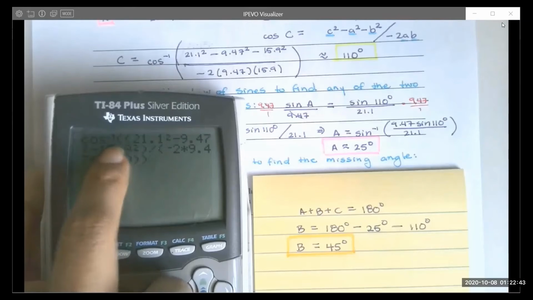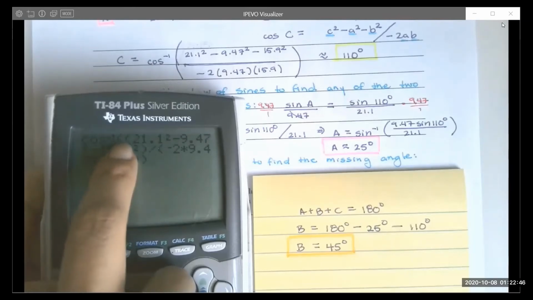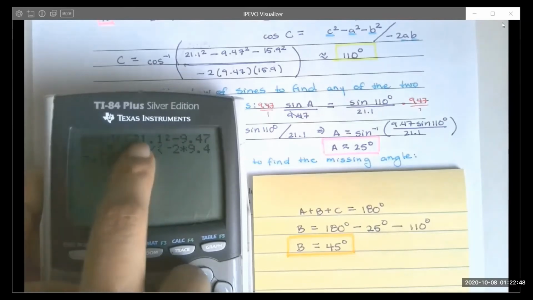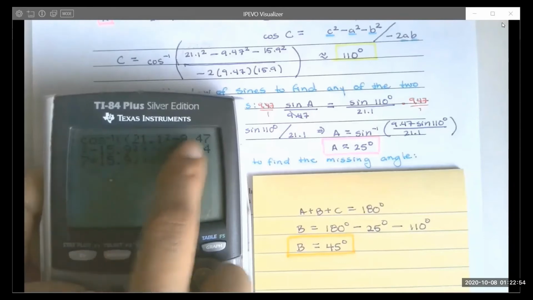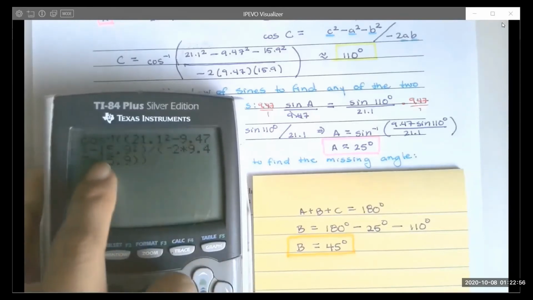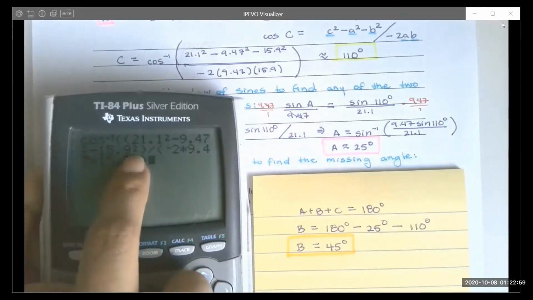So just make sure that you have cosine inverse open parenthesis, that's for the cosine. Then we'll have another open parenthesis, which means the beginning of the numerator. So 21.1 squared minus 9.47 squared minus 15.9 squared.